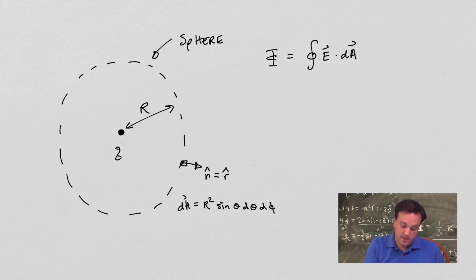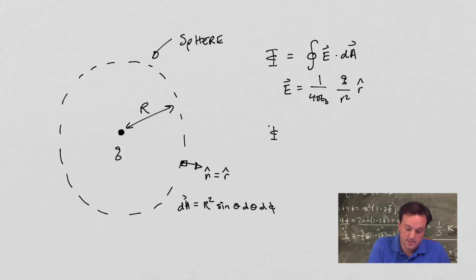And now that I have that, and I know from the last lecture that the electric field due to a point charge is 1 over 4 pi epsilon naught q over r squared r hat, now I have absolutely everything I need to calculate the flux, right? So the flux is going to be the closed surface integral of E dot dA. Now I have a bunch of constants, right?